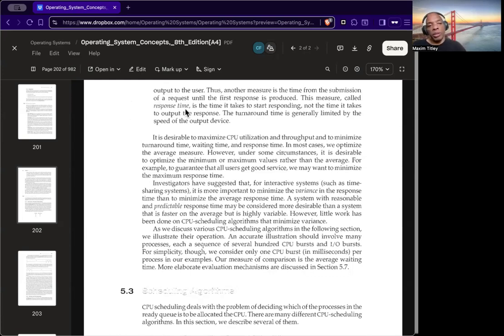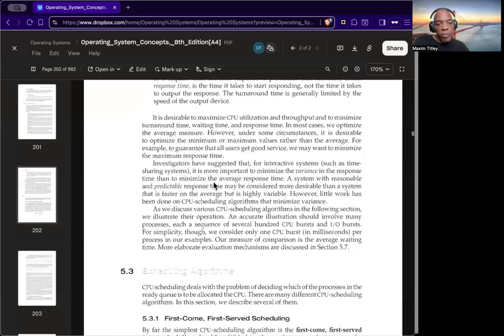That will be the response time, the time in which we start from the ready queue into actually making some sort of progress, which we get back at least partial results from the process that is running, despite the fact that others are running as well. So this is the time that it takes to start responding, not the time it takes to output the response. And the turnaround time is generally limited by the speed of the output device.